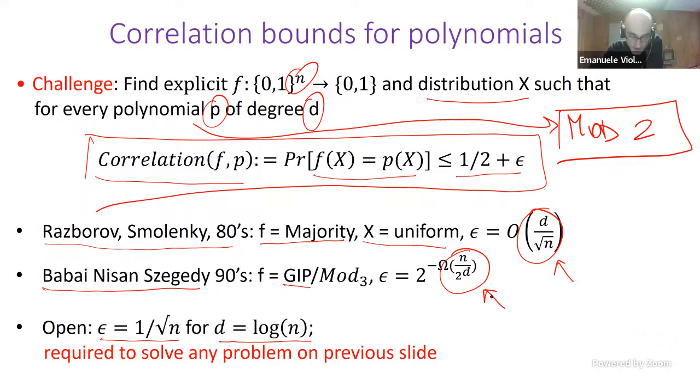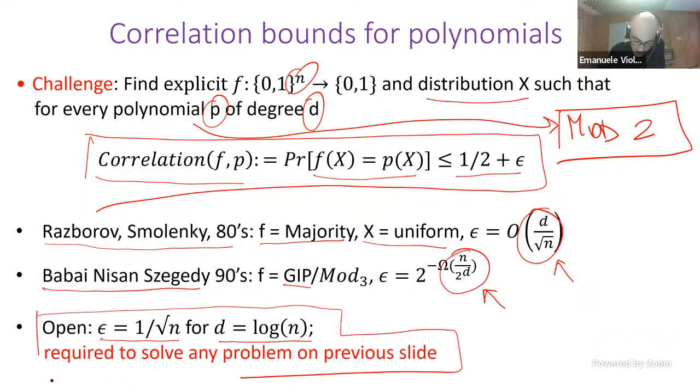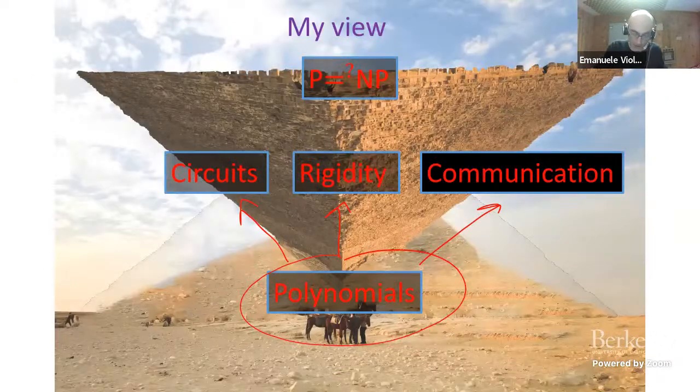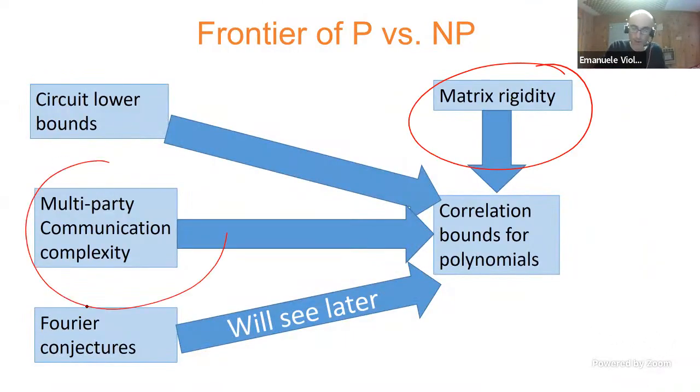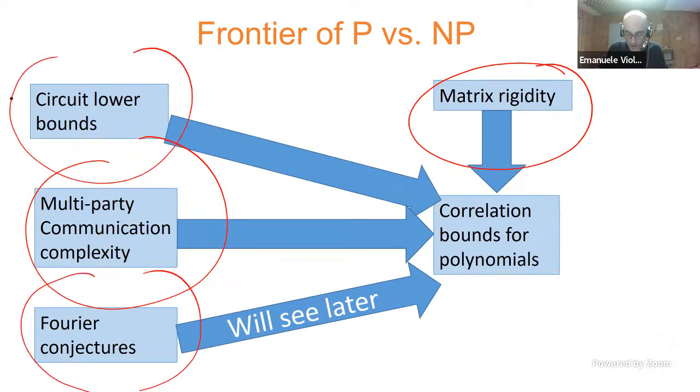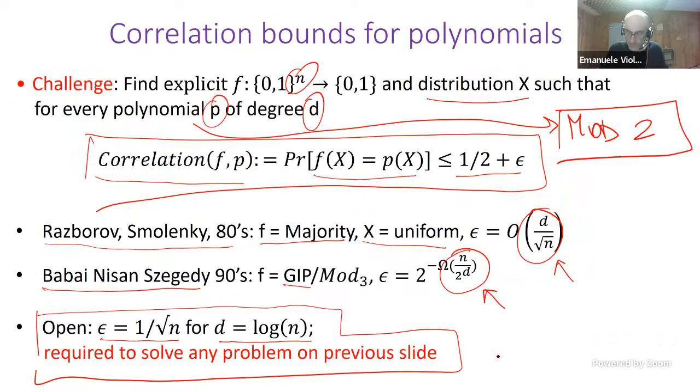And interestingly, this setting is formally required for progress on any of the problems in the previous slide. If I go back here, the variance problems, the more than polylog players, the multi-party communication complexity, the Fourier conjectures, quasi-positive bounds, they all require you to solve this.